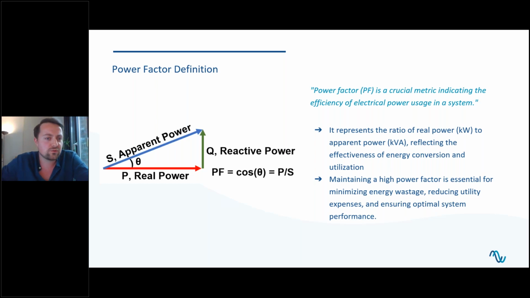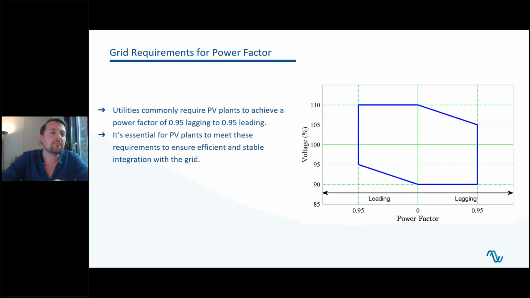It's quite important to measure and keep an eye on the power factor, because the different entities, either consumers or generators connected to the grid, will have certain requirements to fulfill from the utilities they are connected to, in order to keep the power factor at certain levels.